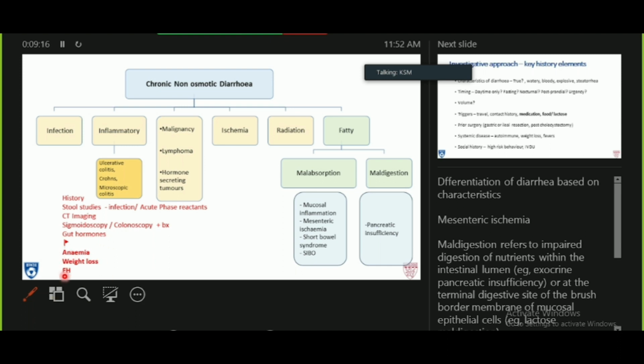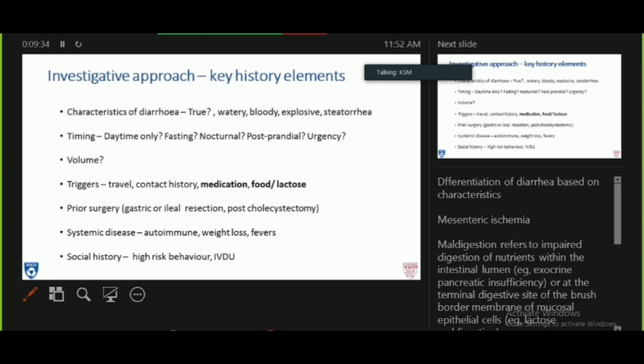But I always try to keep in mind those red flag symptoms. So is the patient before me anemic? Have they had weight loss? Are they clinically unwell? Is there a family history of colon cancer, precancerous polyps, or inflammatory bowel disease? And these are patients who probably need more invasive investigations sooner rather than later.